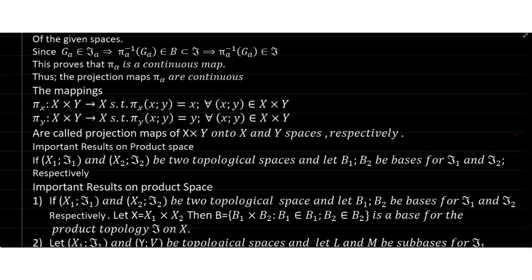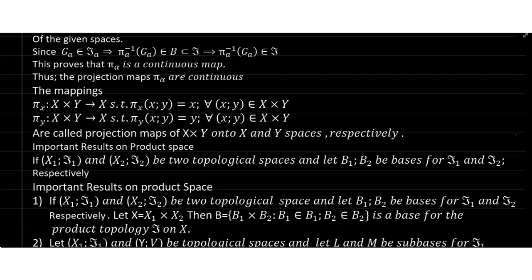The mappings pi x from X × Y to X, with pi x(x, y) = x for all (x, y) belonging to X × Y, and pi y from X × Y to Y, with pi y(x, y) = y, are called projection maps of X × Y onto the X and Y spaces respectively.